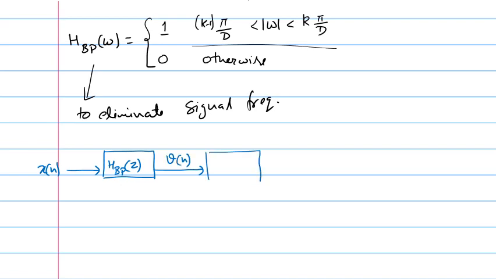Then a downsampler, giving us y(m), which is nothing but v(mD). So after passing through a band pass filter, which eliminates the signal other than the desired frequency range, the output v(n) is passed through a downsampler.